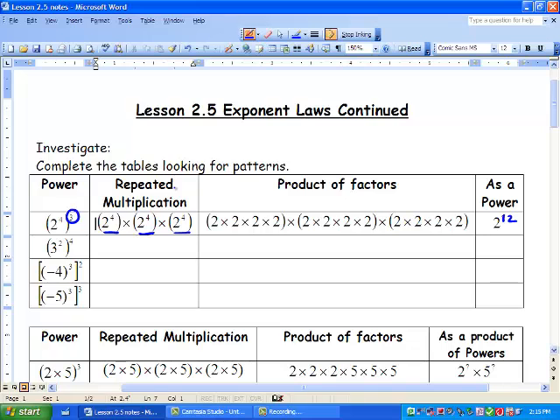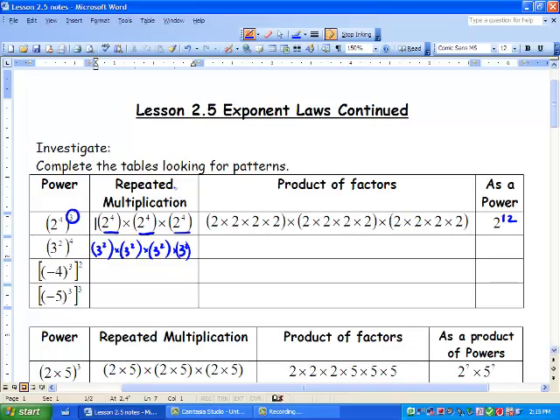So let's try this next one. We've got 3 squared to the exponent of 4. What does that mean? We have 3 squared times 3 squared times 3 squared times 3 squared. We have 4 of them.